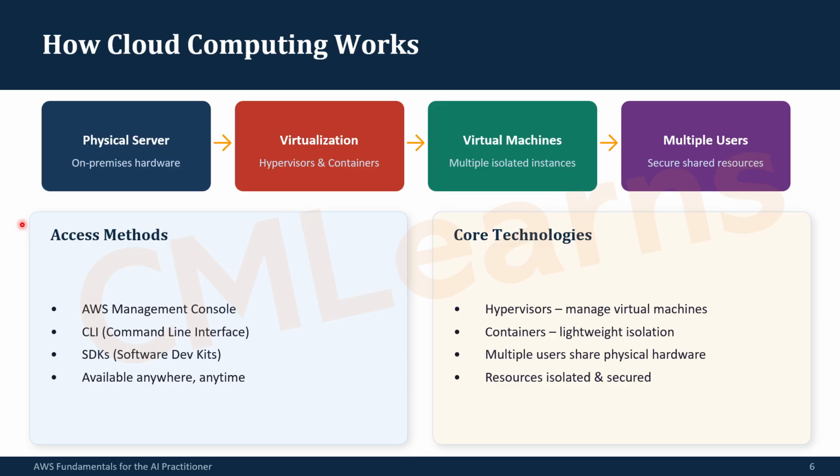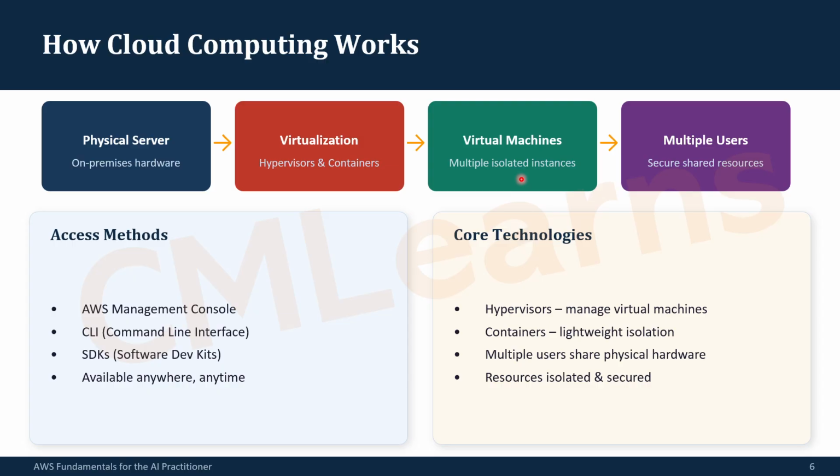We all know that we need physical servers, on-premise hardware, but here it is controlled and managed by the cloud provider, that is AWS. We'll be using virtualization technologies like hypervisors and containers, Docker, for having VMs, virtual machines. So we will have multiple isolated instances.